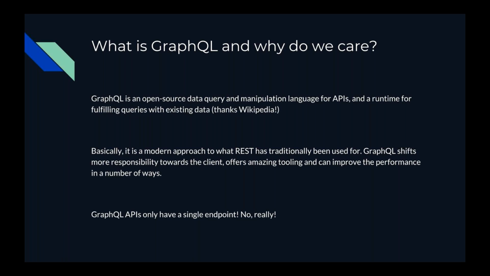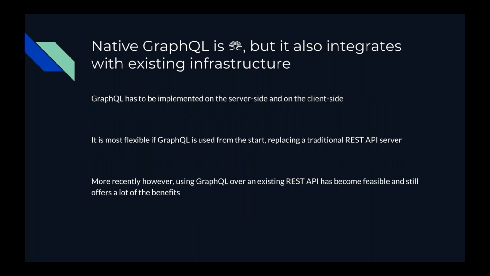A GraphQL server needs to implement certain data sources where the data is coming from. That is traditionally a database, similar to how REST backends work, where we have a Node and Express server pointing towards a MySQL or MongoDB database.